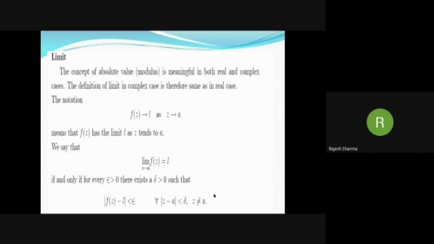The concept of absolute value, that is modulus, in case of complex is similar to that in case of real. Mod z represents the distance of z from origin. Mod z1 minus z2 is the distance between z1 and z2. The same is the case in real. So the definition of limit is the same in real and complex cases.